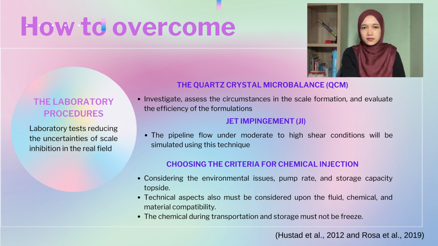The pipeline flow under moderate to high shear conditions will be simulated using this technique. The last one is choosing the criteria for chemical injections. Environmental issues, pump rate and storage capacity topsides, and also the technical aspects must be considered upon fluid, chemical and material compatibility. Lastly, the chemical during transportation and storage must not be frozen for a better result.